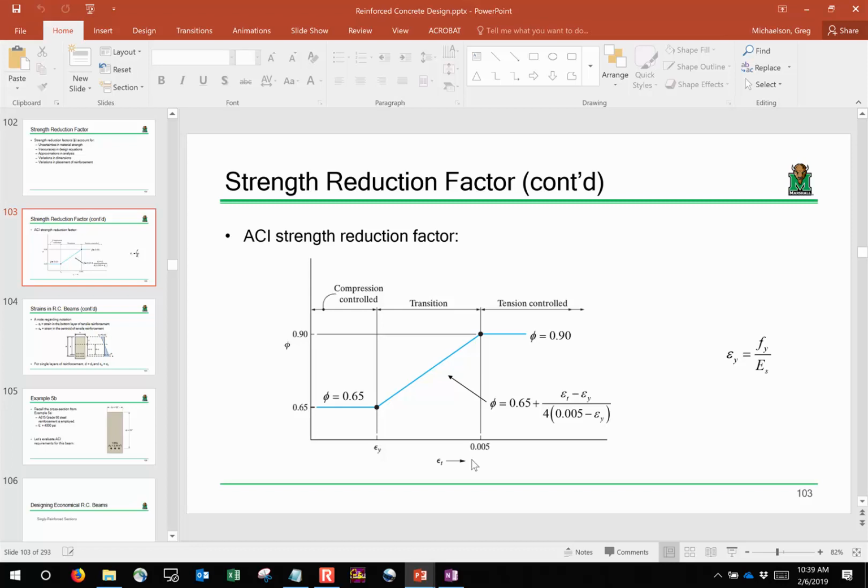When do we start becoming a tension controlled beam? At 0.005. And what is our strain? 0.01. So this is a tension controlled beam. And if you have a tension controlled beam, what does that mean? Phi is 0.9. There you go. So there's our 3 observations.